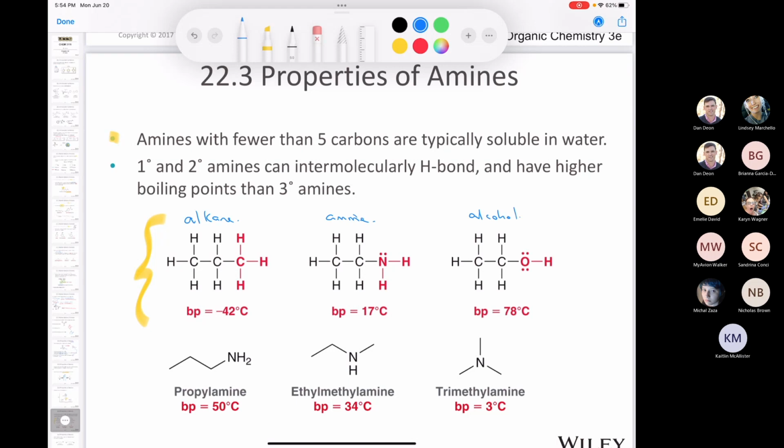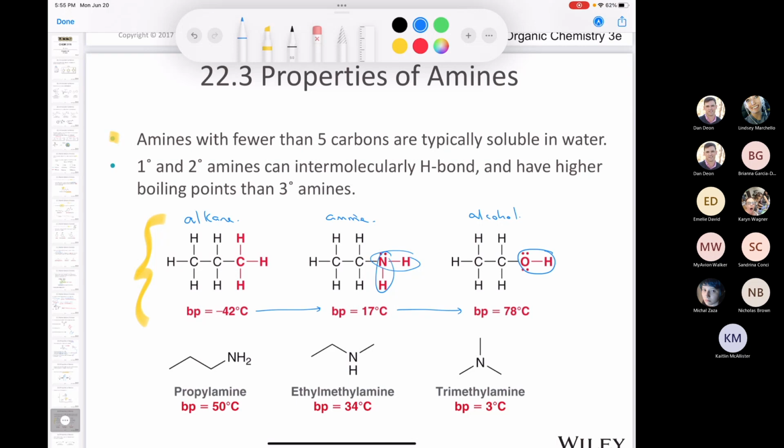You see what happens is that the boiling points increase dramatically as we go from the alkane, which possesses no opportunities for hydrogen bonding, only London forces there. Then we go to the amine, which can experience hydrogen bonding because we have 2 nitrogen-hydrogen bonds. But then we go to the alcohol, which has a much higher boiling point.